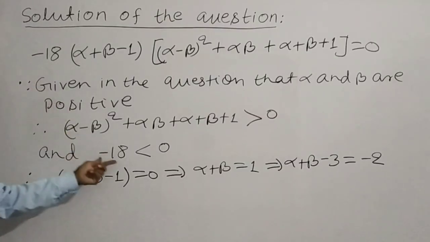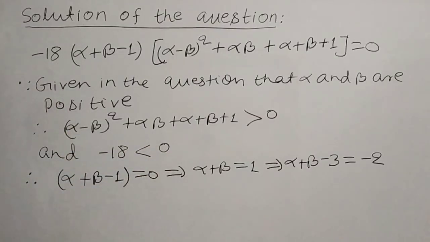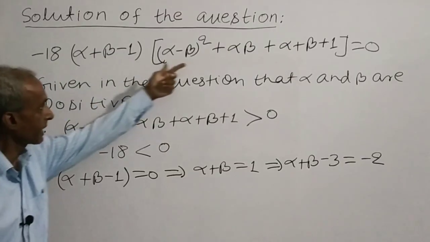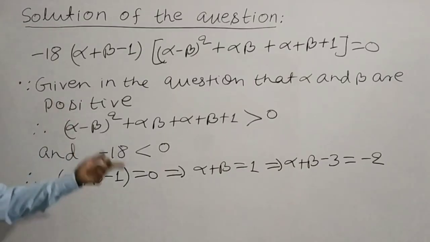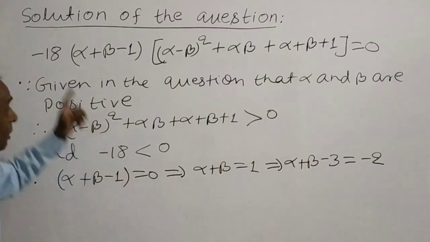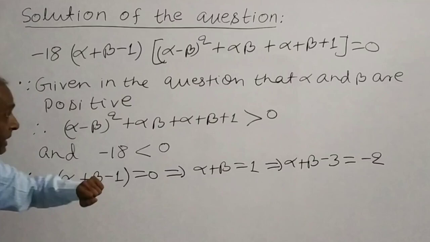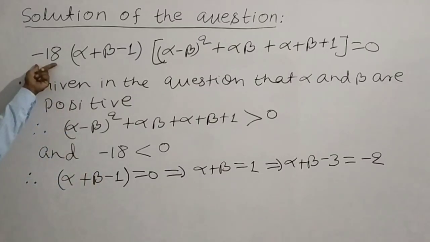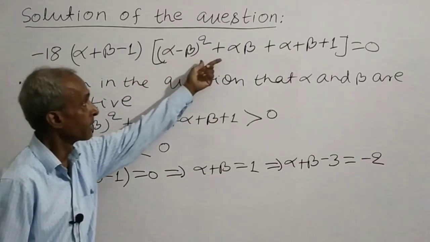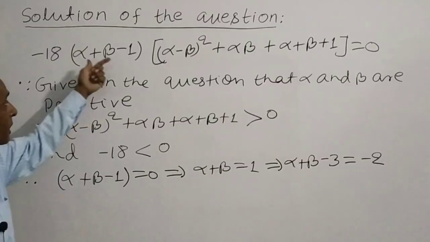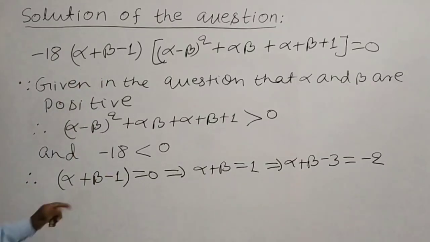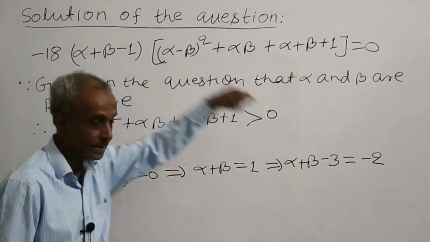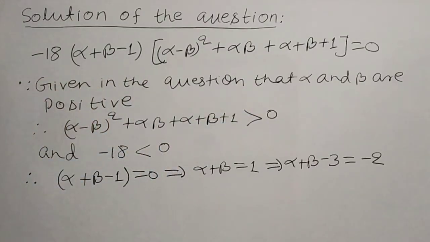Minus 18 is a negative real number, but the product of these three, minus 18, this bracket and this bracket is equal to 0. This can be possible only when one of these three is equal to 0. Since this is not equal to 0, and this is not equal to 0, therefore this bracket must be equal to 0 only, then the product of these three can be equal to 0.